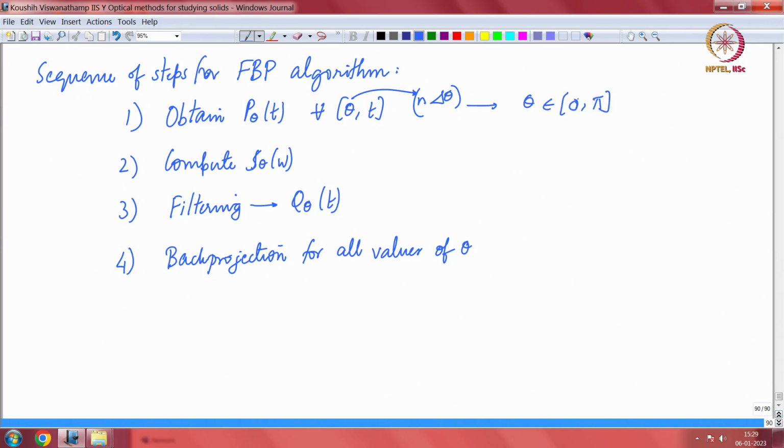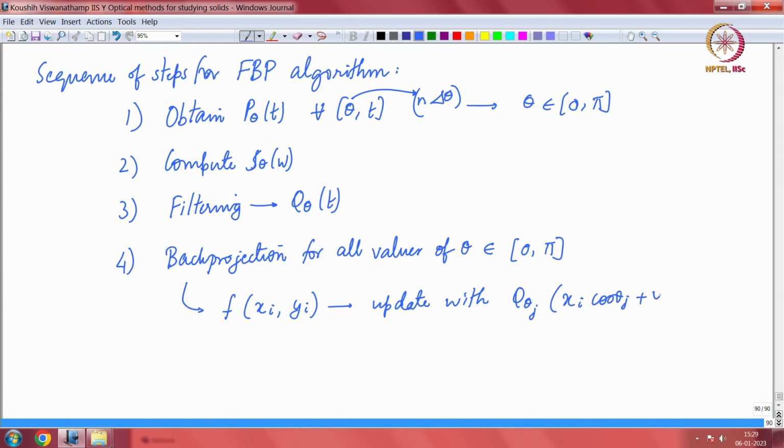Of course, if you have a fan beam the situation is slightly different, and so you back project for all of the theta projections you have, and when you do the back projection you update at some ith pixel location, you update the value with q theta j of x_i cos theta j plus y_i sin theta j, this is your t, right.